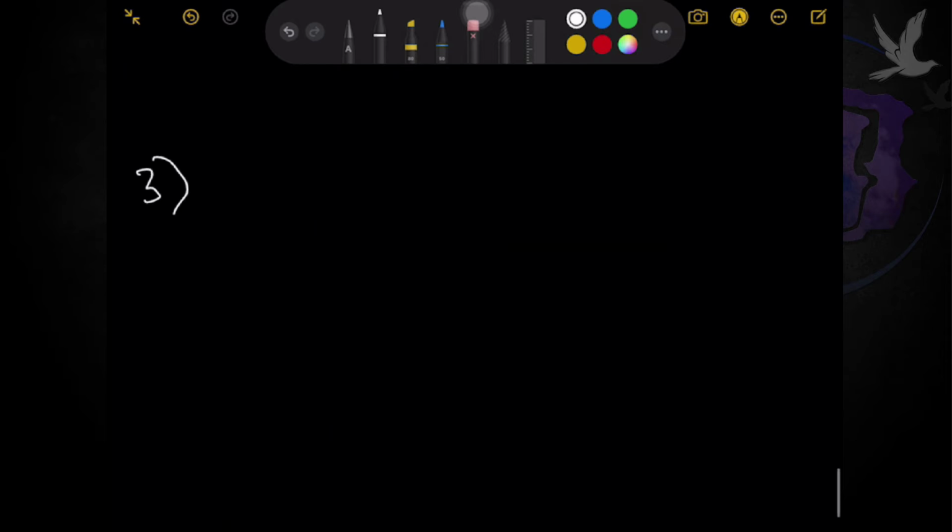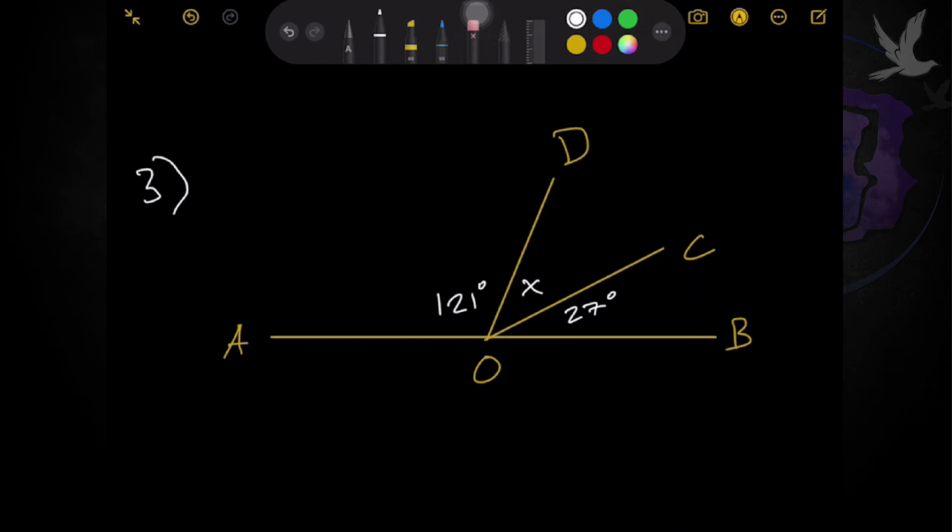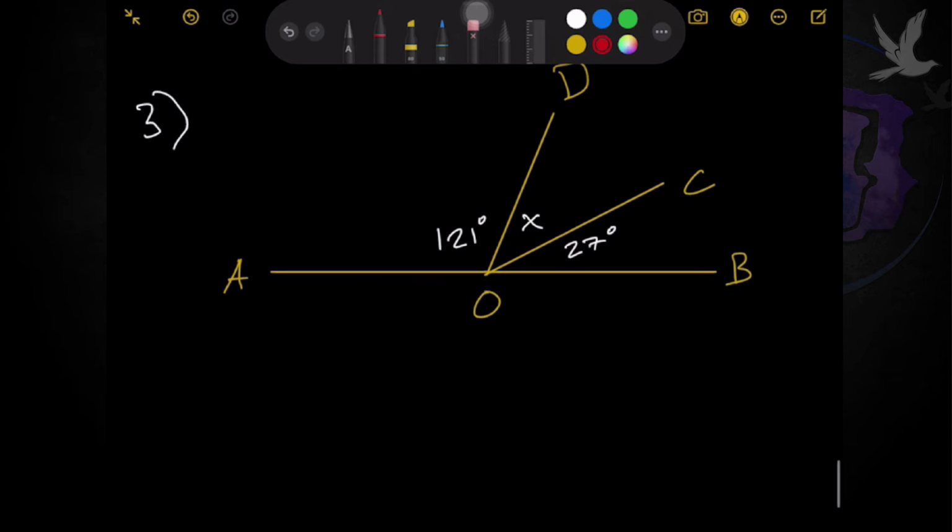So, number 3, we will now have 2 given angles. And this is for number 3, which you are tasked to solve for angle X.